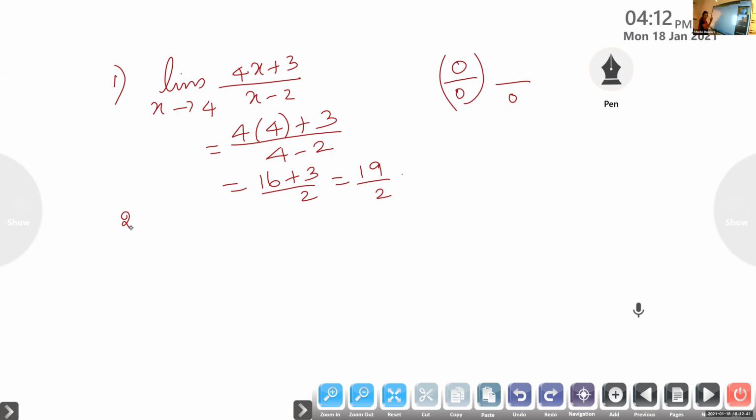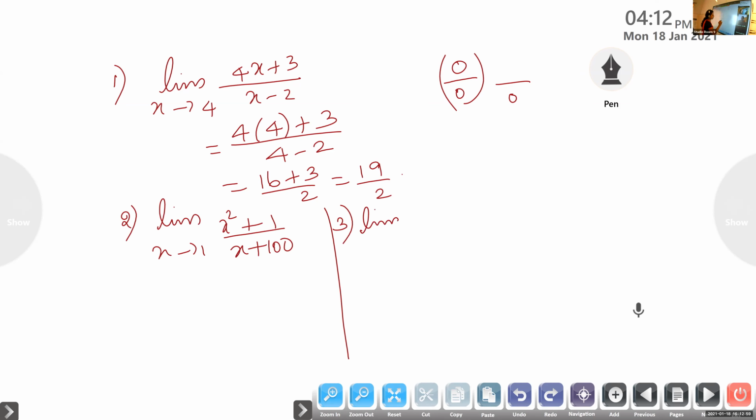Do it. Second one, limit x tending to 1, x square plus 1 by x plus 100. Third one, limit x tending to minus 1, x raised to 10 plus x raised to 5 plus 1 by x minus 1.